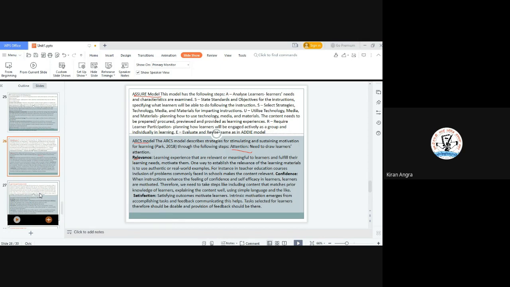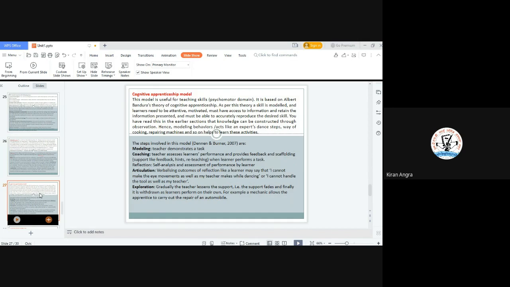The cognitive apprenticeship model is the next model. This model is useful for teaching skills, to increase their psychomotor domain. It is based on Albert Bandura's theory.